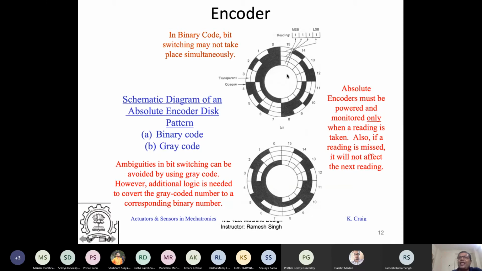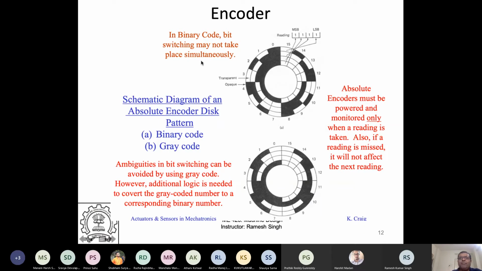So for a 4 track, I can have 16 positions which I know. So my resolution is basically 1/16 of whatever the total rotation is, right? And I can have one more track and become 1/32. I can have one more track and become 1/64, right? And each position will be unique, right?